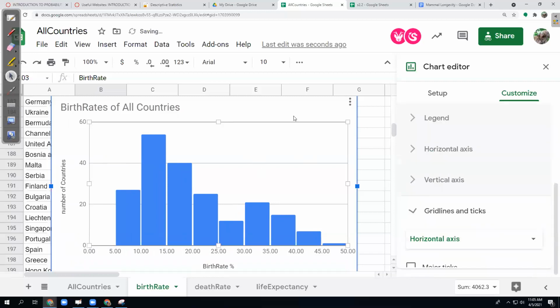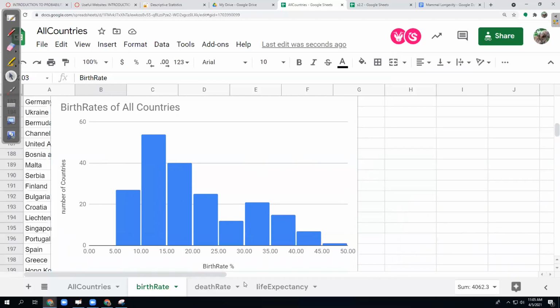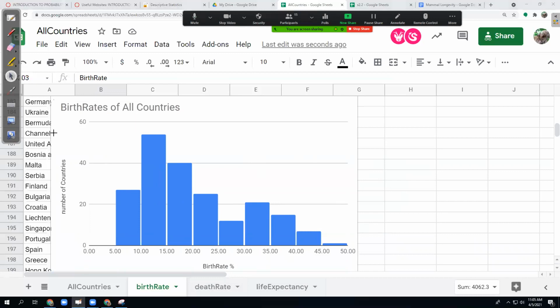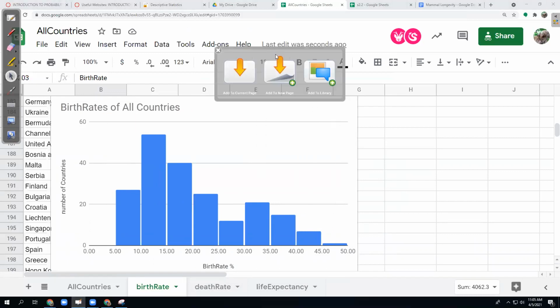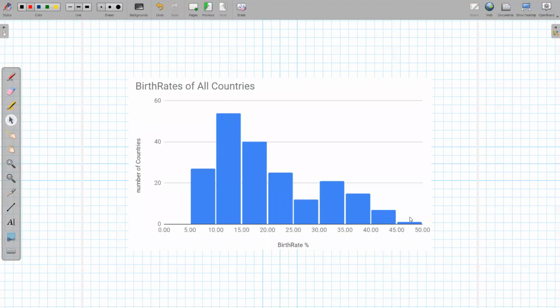All right, so now I just want to talk about this graph a little bit. So let me get a screenshot of it, and we'll compare to death rate and life expectancy. Okay, so what do we see here in rates? This has a definite skew to the right.